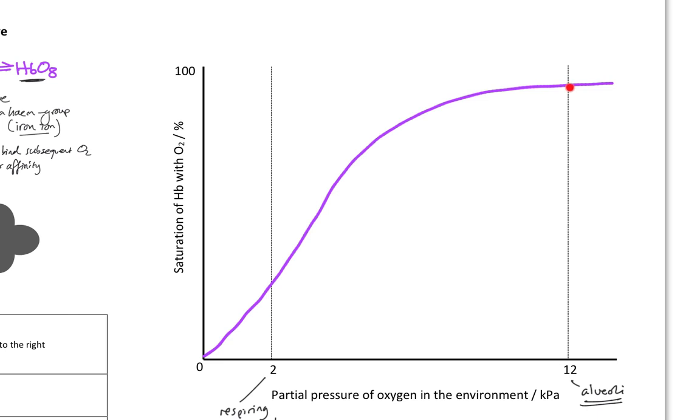When that same red blood cell gets to a respiring muscle, the zone around this respiring muscle is very low in oxygen, it's down at 2 kilopascals, then the hemoglobin is only, let's call this 25% saturated.